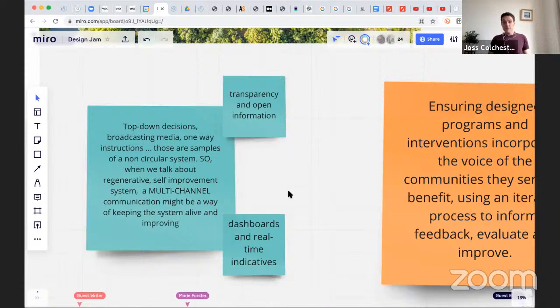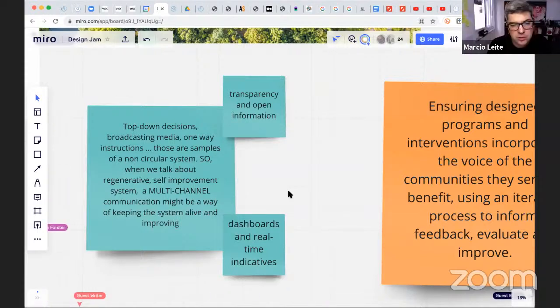Anybody? Yeah, it's just a thought about how one-way systems don't work anymore. So how can we create multi-point communication or multi-point feeding spaces? We can help the system to improve at the same time, instead of just having some areas improving or exchanging information.